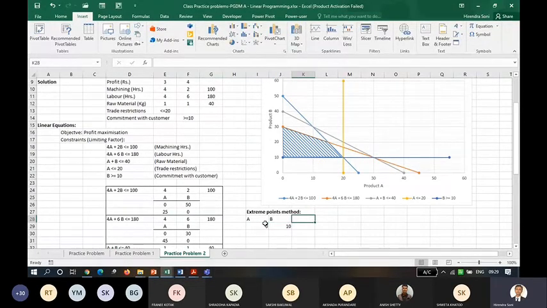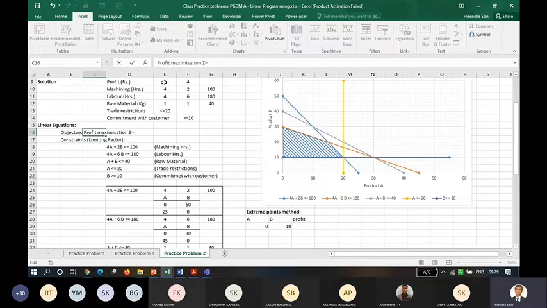What is my profit value at this point? I will come to that. For that, we have not mentioned here our profit maximization, that is Z equals 3A plus 4B.